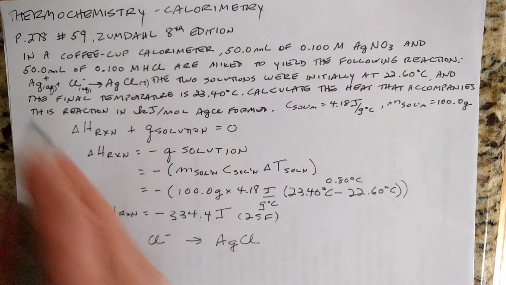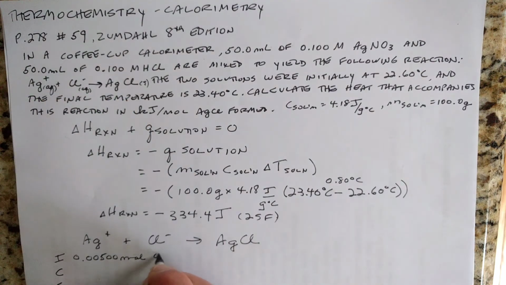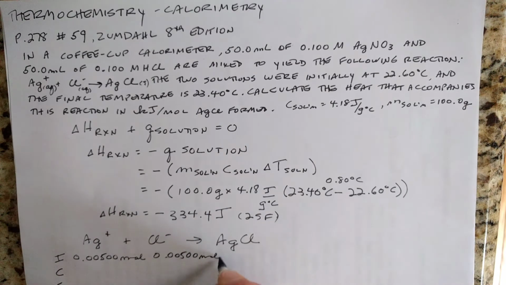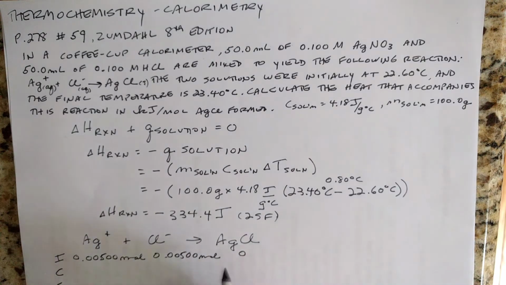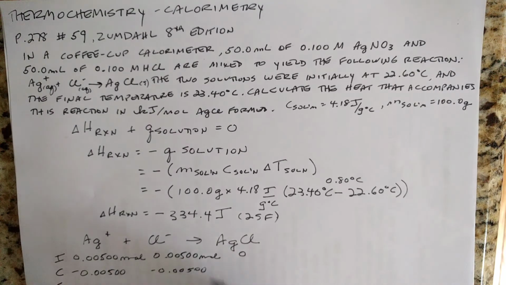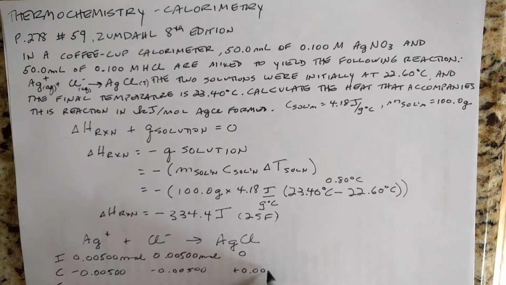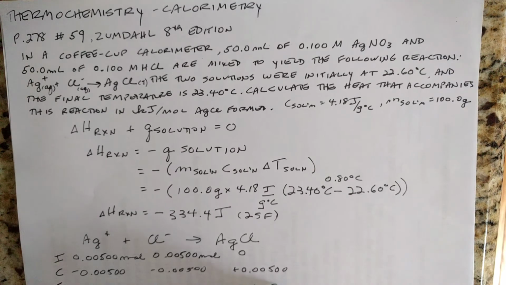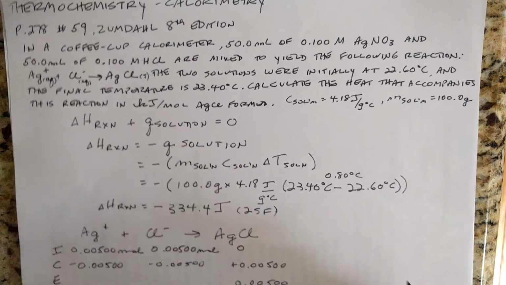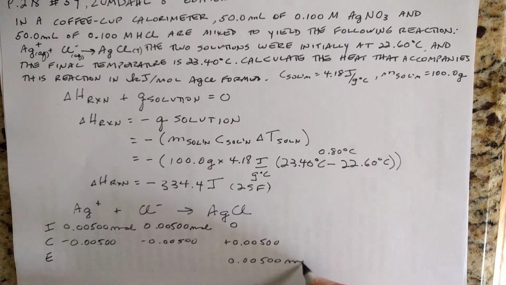And for our Cl-, we have the same, 0.00500 moles of Cl-. We have a 1-to-1 ratio, so we lose the same amount from each. And we get 0.00500 moles of AgCl. This is what I am interested in, the moles of AgCl that we have at the end of the reaction.